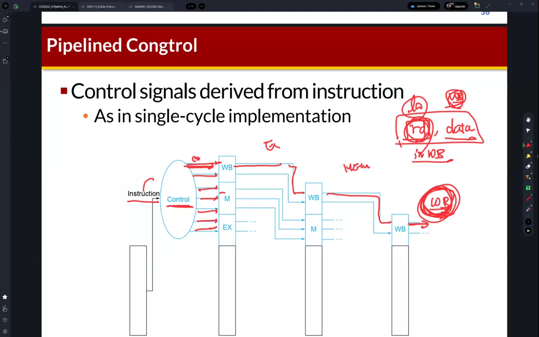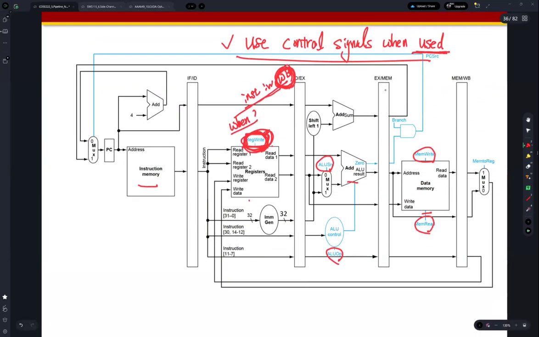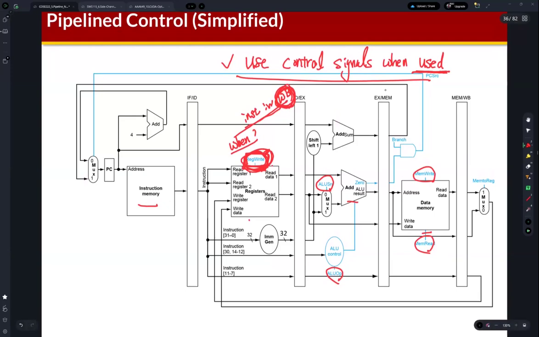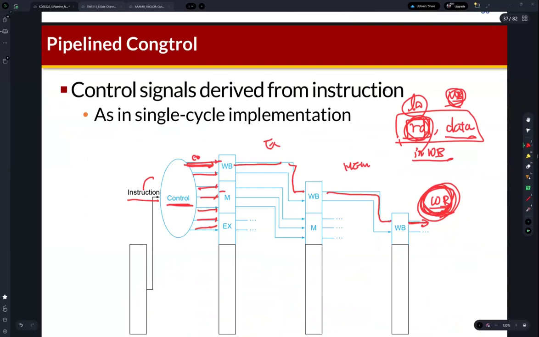It's the same. Reg write is used when an instruction is in the write back stage.